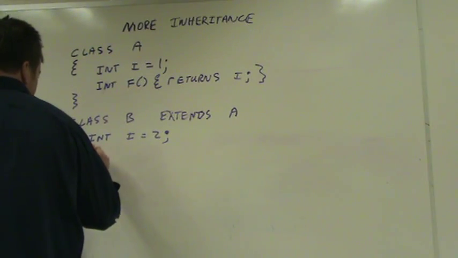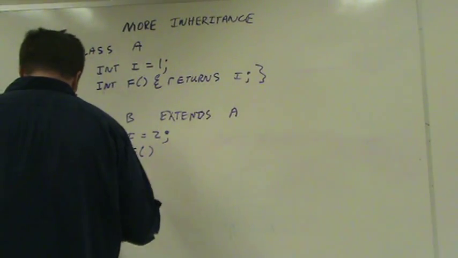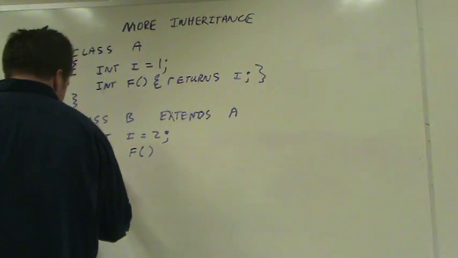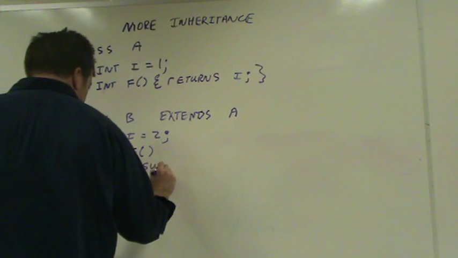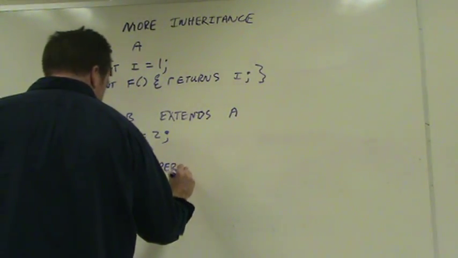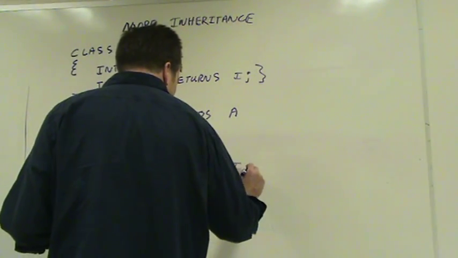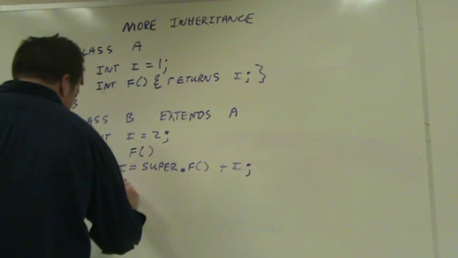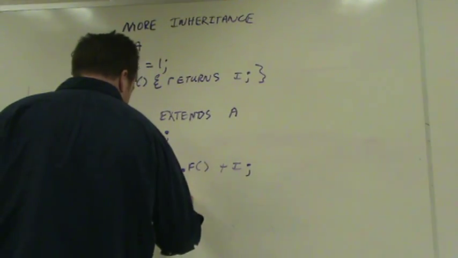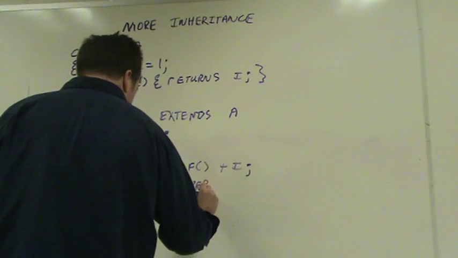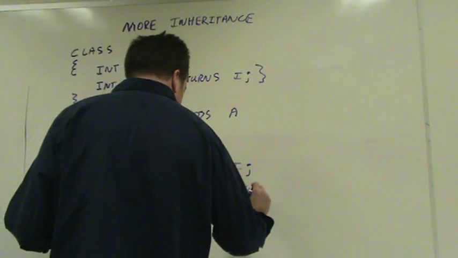And it has its own function f, just to make it a little more gravy, which says i equals super dot f plus i. Return super dot f plus i.